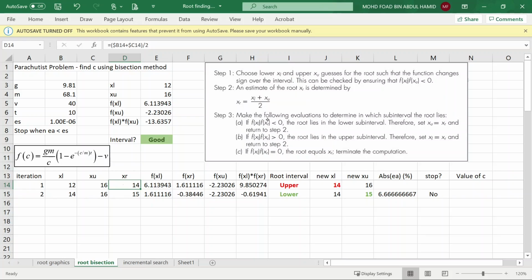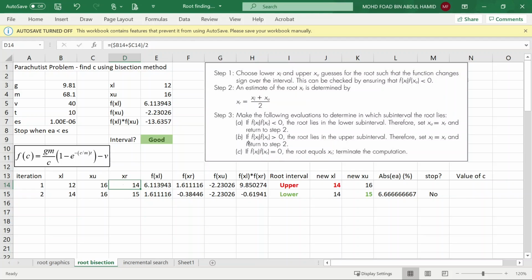The next step is to make the following evaluation to determine which subinterval the root lies in. So f(XL) times f(XR). We multiply these two values to see if they are negative or positive. If negative, then the root lies in the lower subinterval. In this case, this is a positive number.